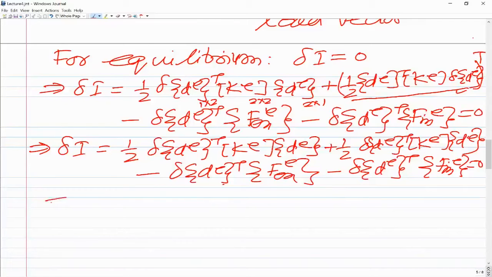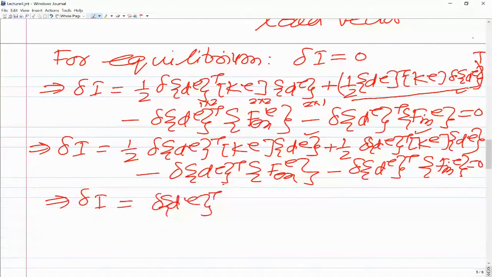Now see what you can do. If you look at this expression, I can write this delta I is equal to, now these two terms are the same, so I can combine them. I can write this as delta of dE transpose, and let me take delta D transpose common in all the terms. Inside we will have KE into D. Now these two terms are combined, half becomes total 1.